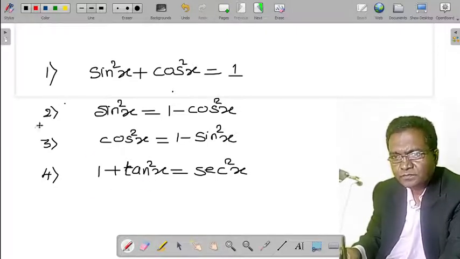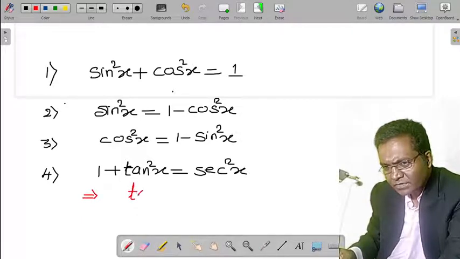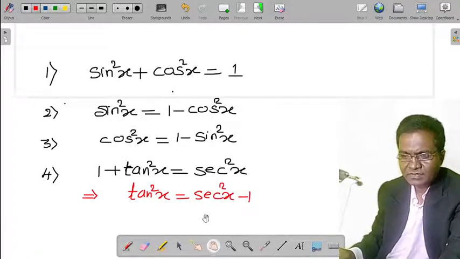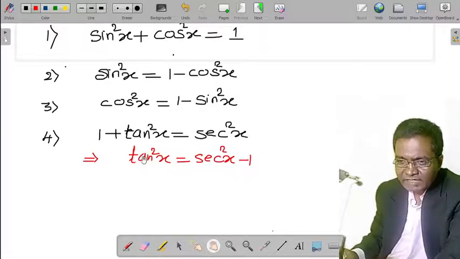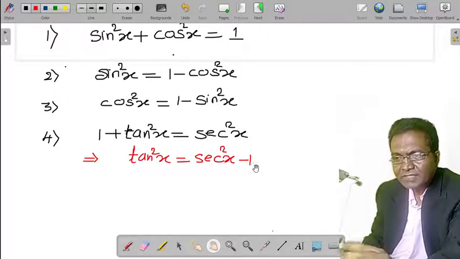So its modified form is tan square x equals secant square x minus 1. Whenever tan square comes under the integral sign, you have to replace it by secant square x minus 1.